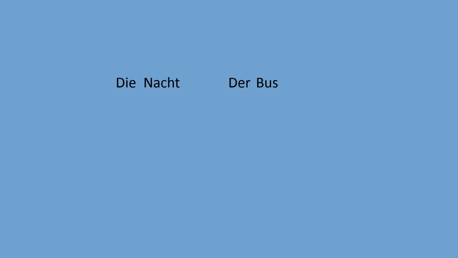Let's take a closer look at how we do it. So die Nacht, the night, und der Bus, the bus. Look, those two nouns have different definite articles. Nacht has the definite article die, so this is obviously a feminine noun, and Bus has the definite article der, so this is a masculine noun.